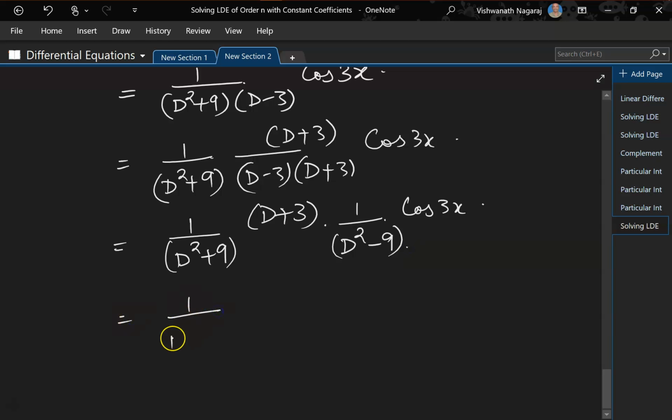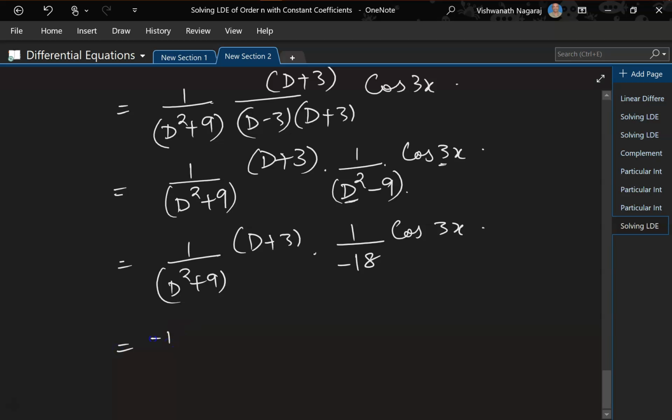So now 1 by d square plus 9 d plus 3. Now here what happens? d square can be replaced with minus 3 square. So 1 by minus 3 square minus 9, which means minus 9 minus 9, which means 1 by minus 18 cos 3x.